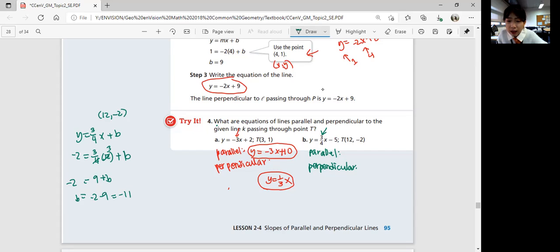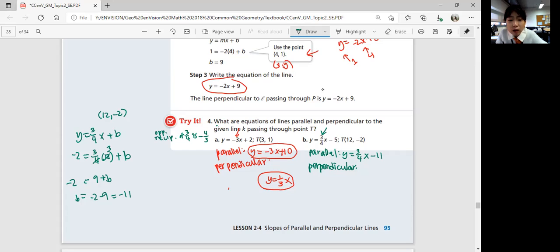So the parallel line to your second equation that goes through point T is going to be y equals 3 over 4x minus 11. Okay, and for perpendicular, the opposite reciprocal of 3 over 4 is negative 4 over 3.